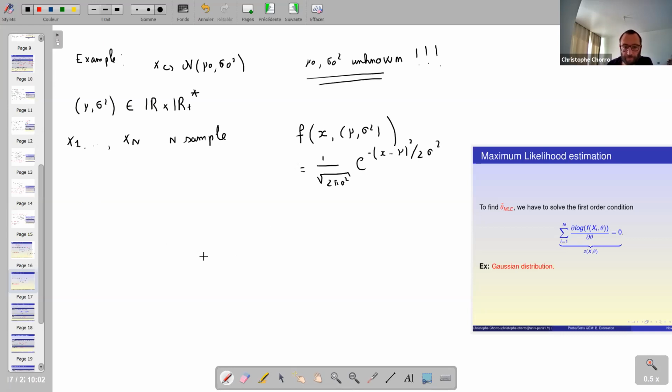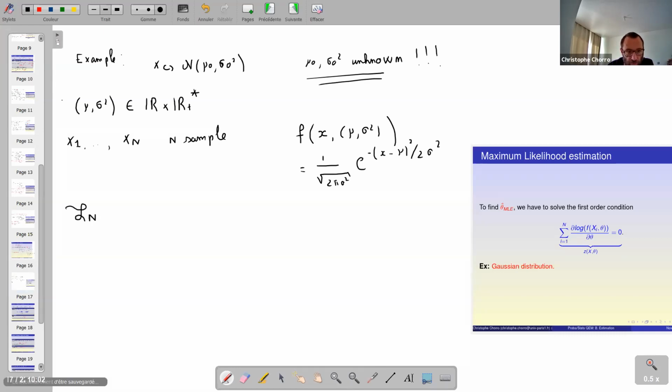So if I want to find explicitly the maximum likelihood estimator, I have to find the point that maximizes the log likelihood, and remember the log likelihood defined previously.